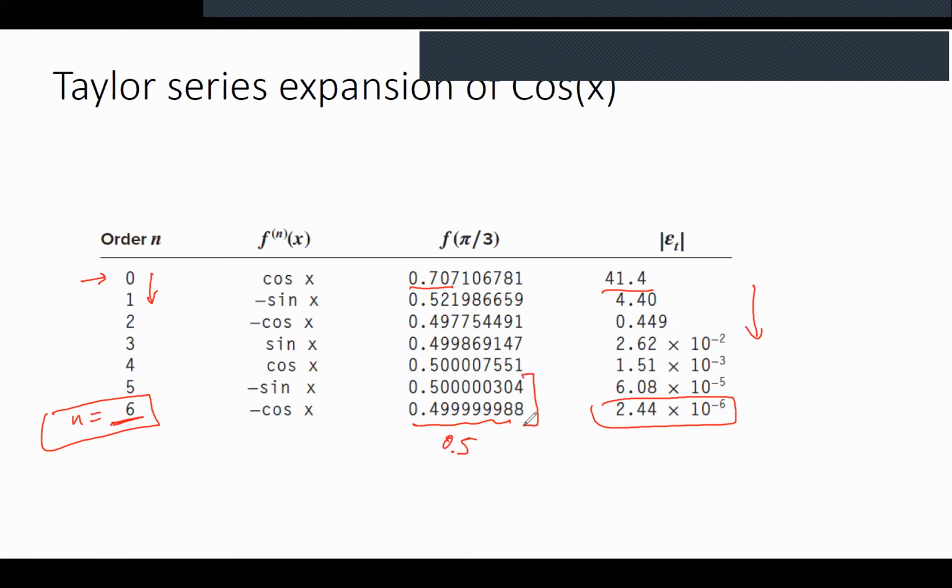So this is quite good. Very small errors we can get here. If we add other terms, 7, 8, then we can expect better results, of course.